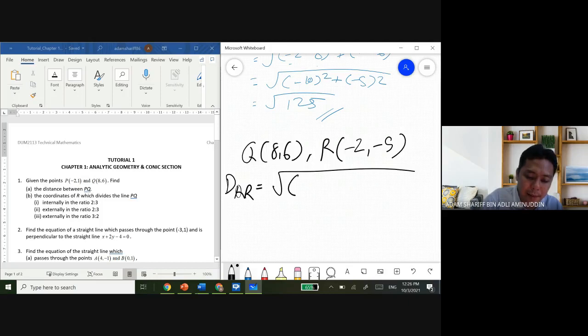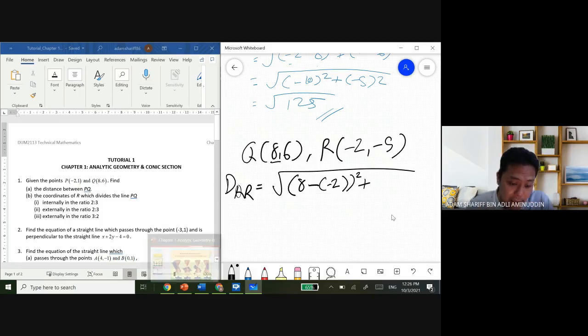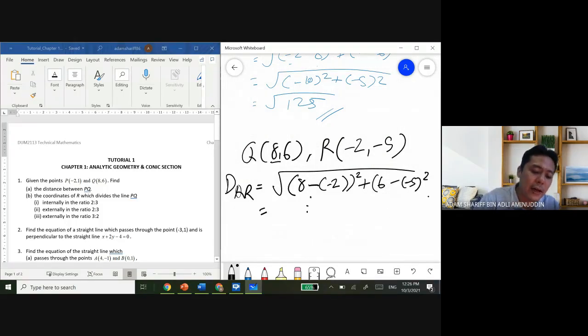Cuma bila ambil 8, 8 minus, I always put a bracket to eliminate the mistakes which involves subtraction. And 6 minus -5 squared. And then you do the calculation normally. This will make sure that you will not be mistaken at this part here.